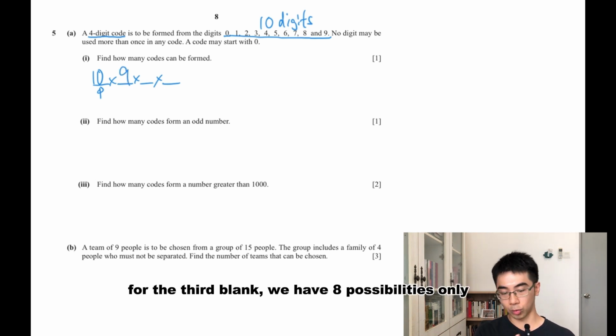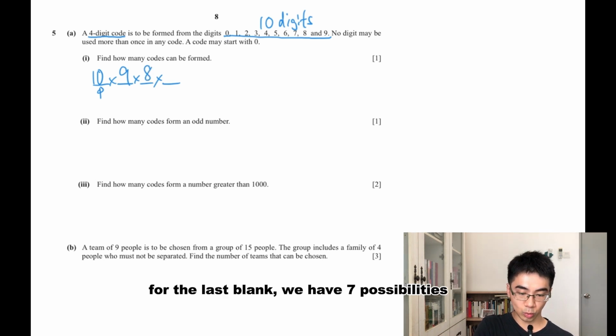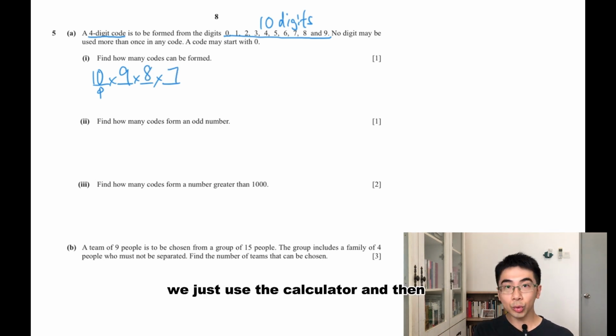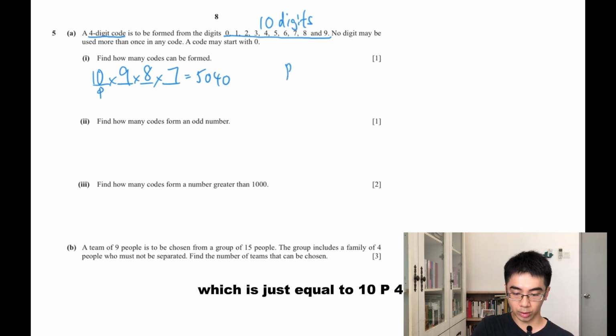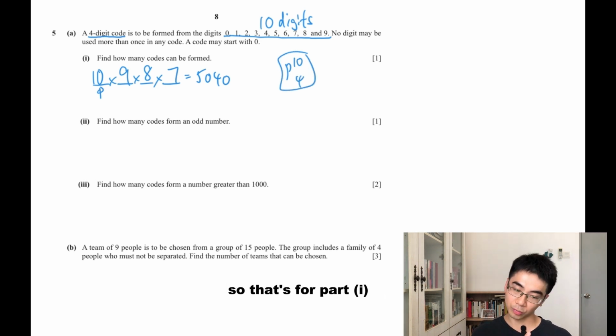Followed by 8 for the third one, and the last one we get 7. Using the calculator, we get 5040. Or you can just use 10P4, if you understand that. So that's for part 1.